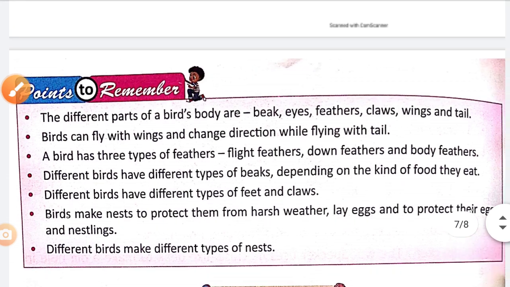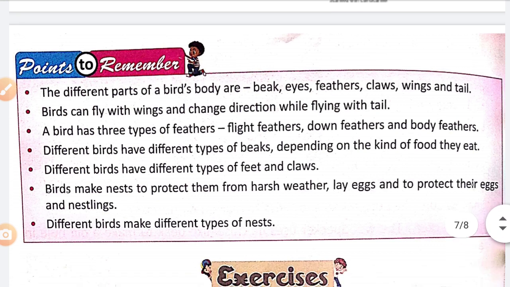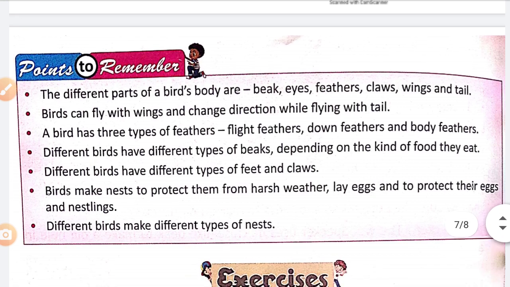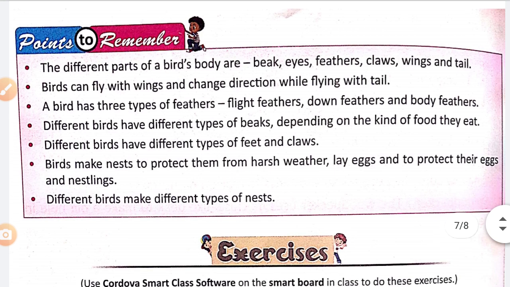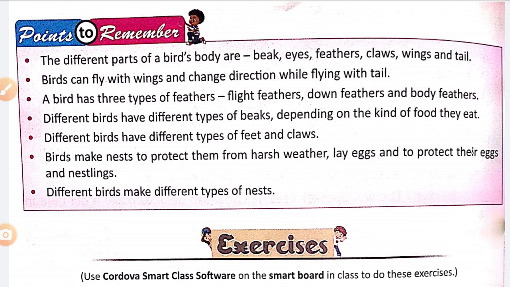Next, points to remember. The different parts of a bird's body are beak, eyes, feathers, claws, wings, and tail. Students, you have to draw the picture of a bird's body and label it in the notebook. Birds can fly with their wings and change direction while flying with their tail.